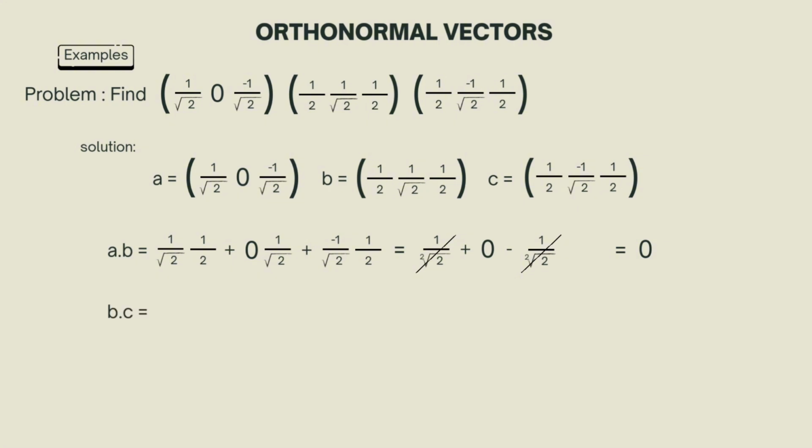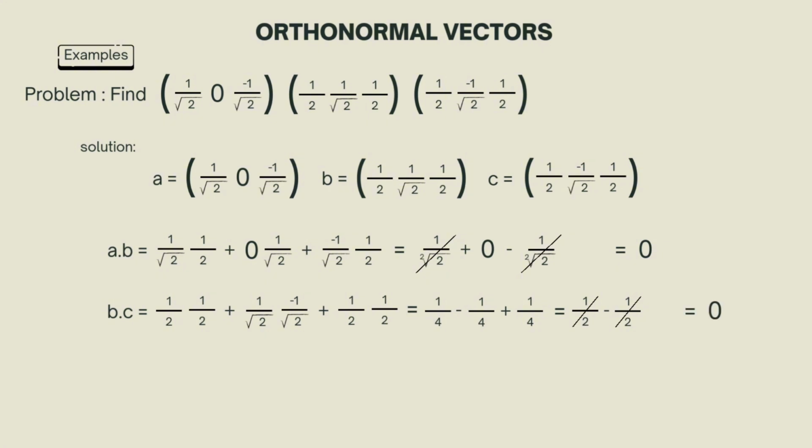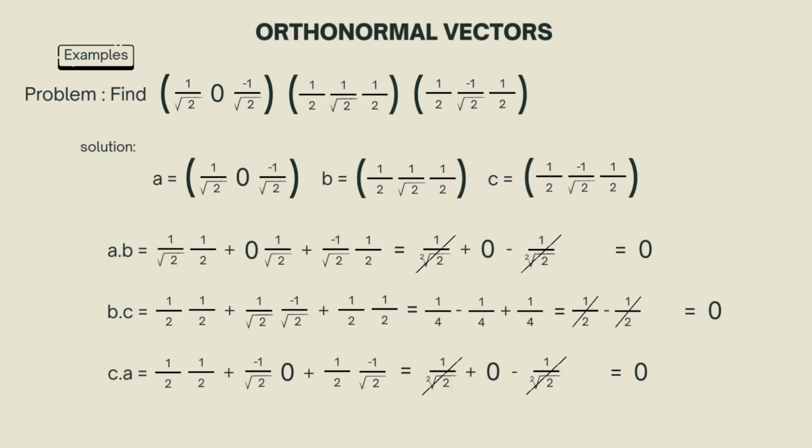Similarly, the dot product of the two vectors B and C can be found here. We get the dot product of B and C as 0. In the same way, we get the dot product of the two vectors C and A as 0. By observing the three values, we can say that all the three vectors A, B, and C are orthogonal to each other.